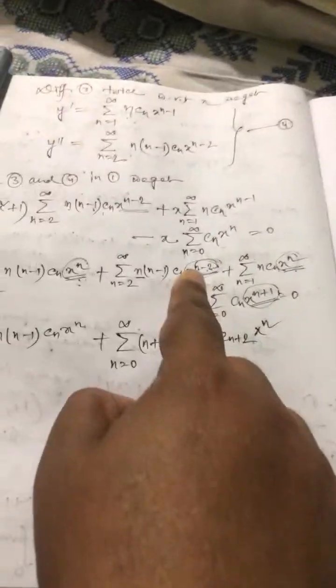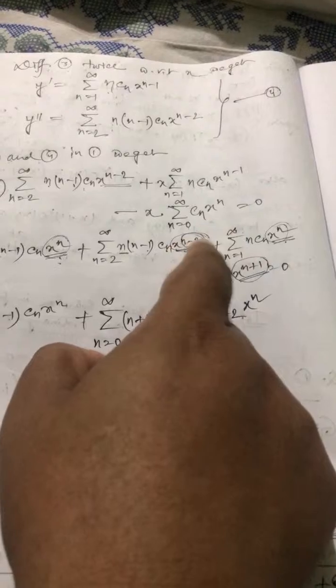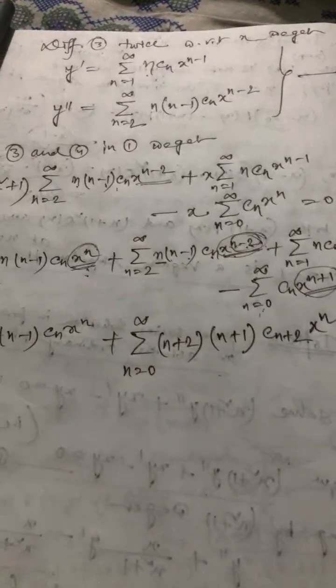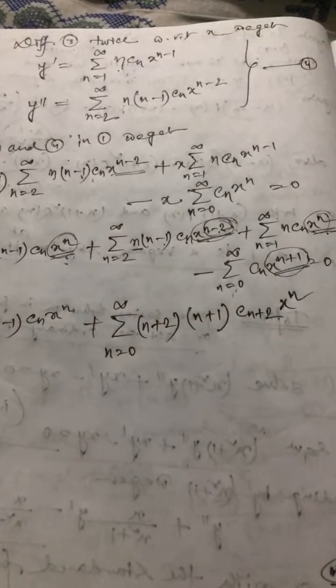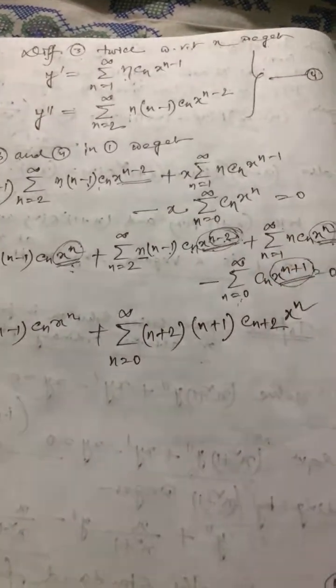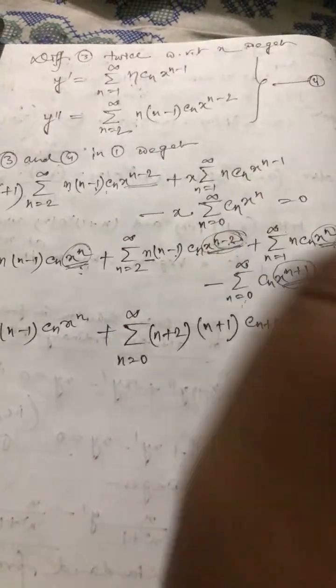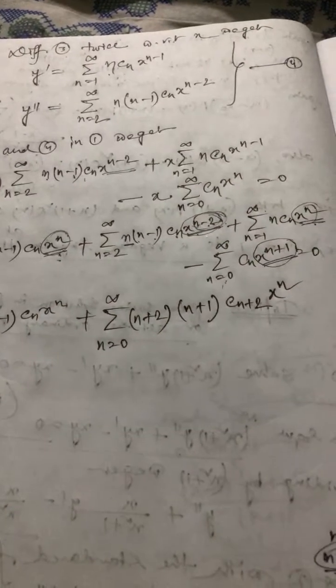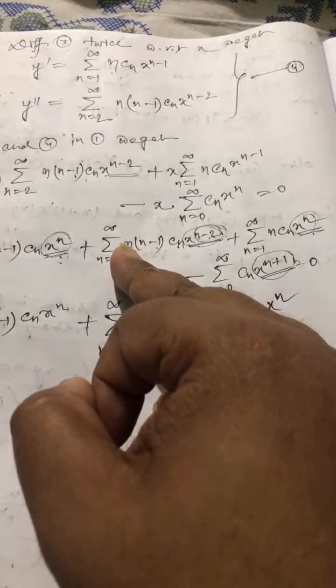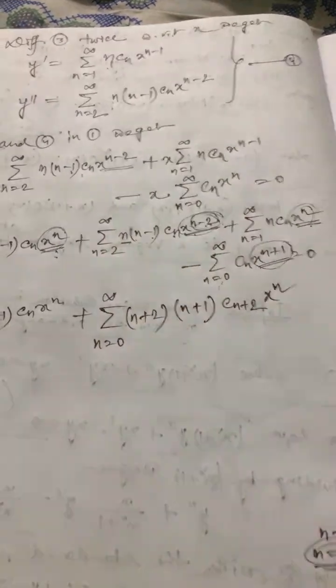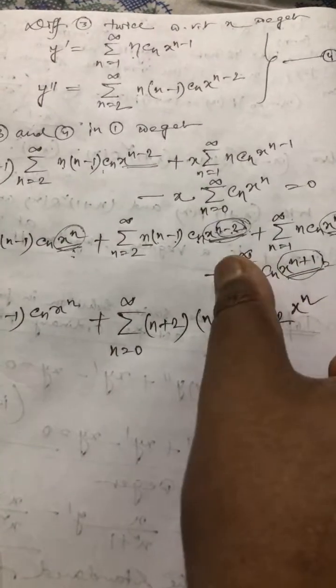I repeat, this power x to the power n minus 2 will be converted into x to the power n. Think in this way first: n minus 2 will be occupied by n, so n minus 2 equals n. That means the previous n is now equal to n plus 2. So whenever you have n, it has to be replaced by n plus 2 for this term.